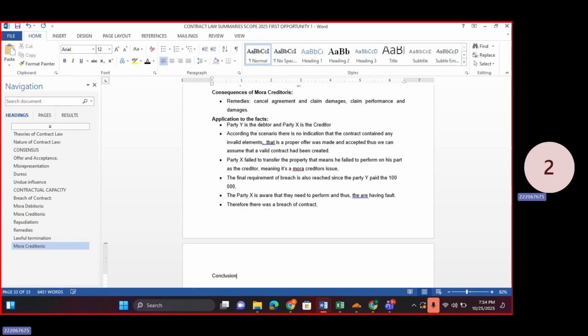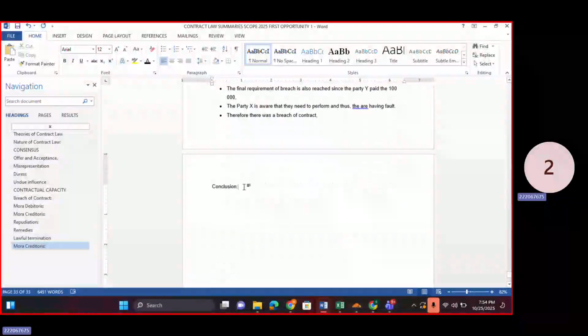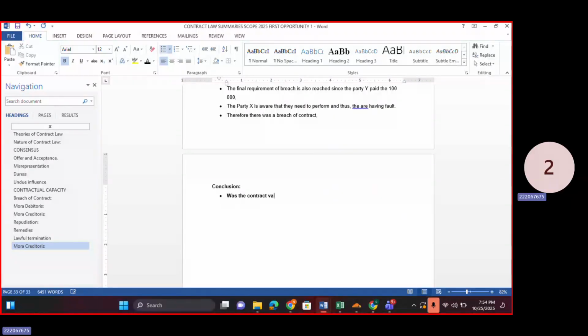Now remember, the whole point of contract law is checking your understanding of whether the contract is void, voidable, or valid. So you have to always start with that in your conclusion. The contract was a valid contract. And you know what happens with a valid contract?